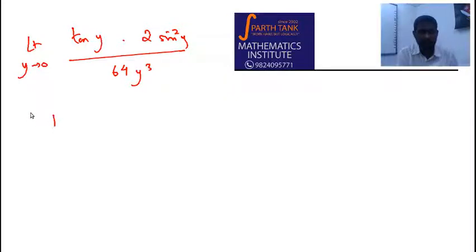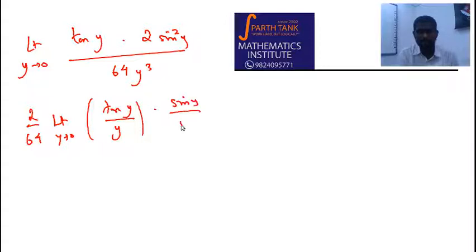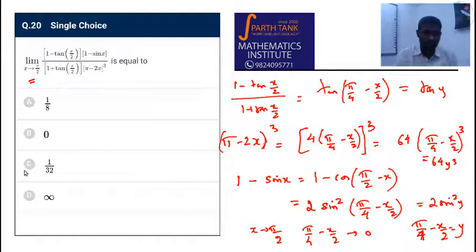So that 2 and 64 can be taken out. This can be separated as tan y by y and then (sin y by y) the whole square. So both are 1. So the limit is 2 by 64 into 1, which is 1 by 32. A very nice problem, 1 by 32. Recognizing this pi by 4 minus x by 2 is key.